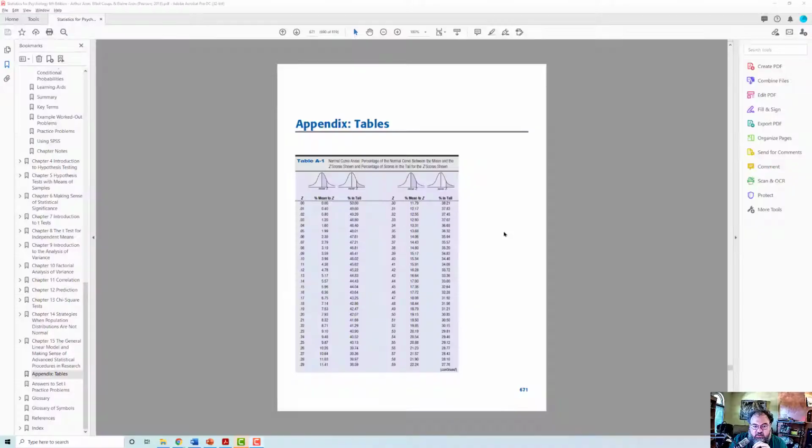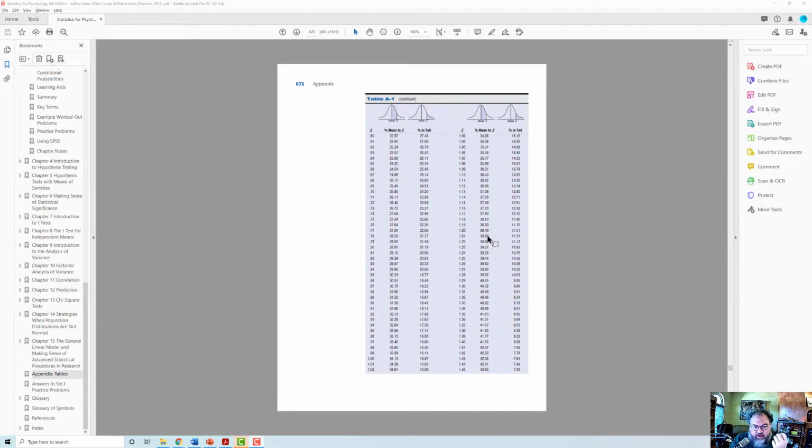Let's take a look. So if I want to say that my cutoff, my threshold is 10%, if the probability of my data is 10% or less, then I think there's something interesting going on, then I need to find my probability of 10%. So I just look on the z-table, I go to the percent and tail, and I find 10%. And what I find is that would correspond to a z-score of 1.28.